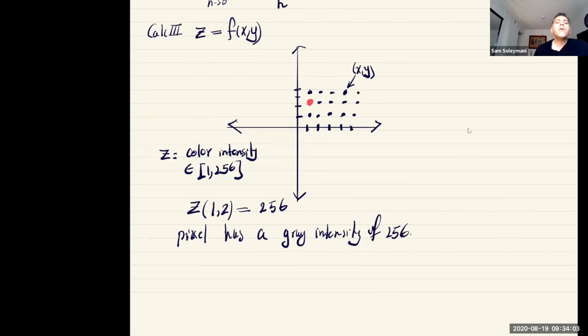Okay, so this is what we call a multivariable function. The input is the location of the pixel, and the output is how bright that pixel is. Now, what are some things you can do?